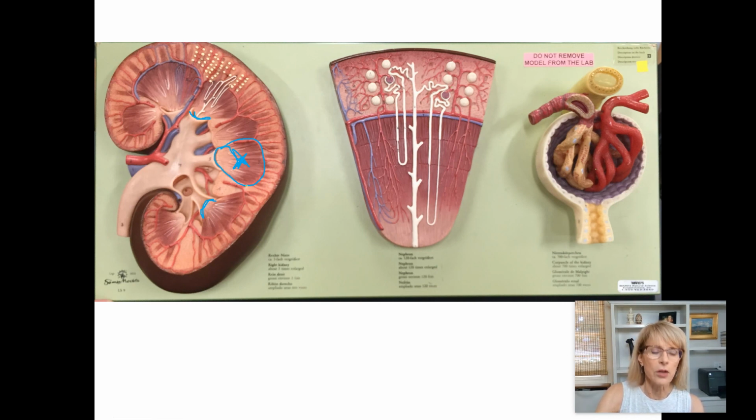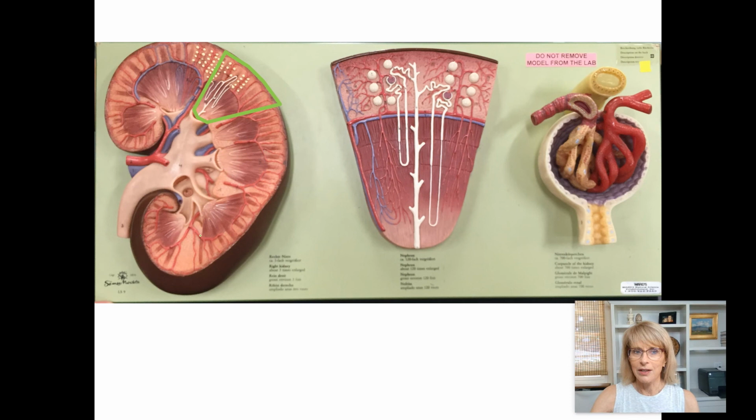This light colored tissue fills up the spaces between the renal pyramids. So that light pink tissue that fills up the spaces between the renal pyramids, but it's in the renal medulla, that light pink tissue, those are called the renal columns. All right, so let's see. We will pick up there at the beginning of our next video.